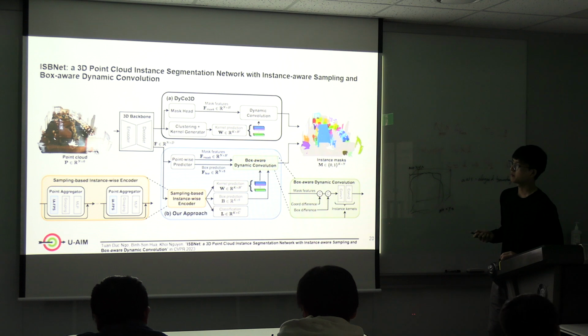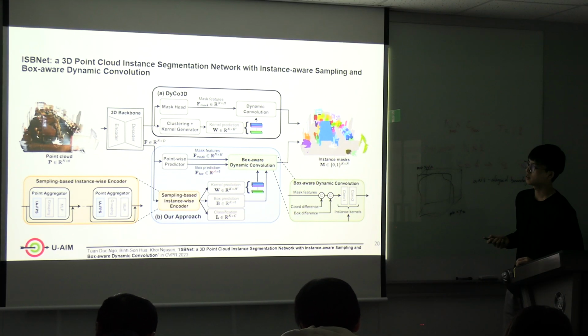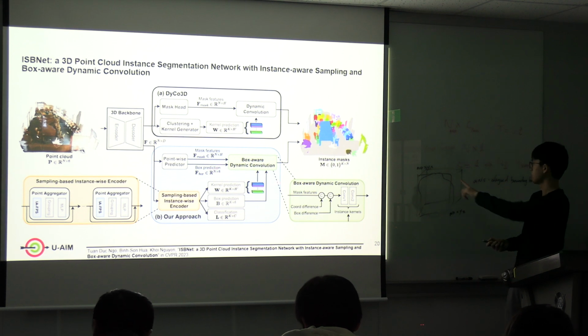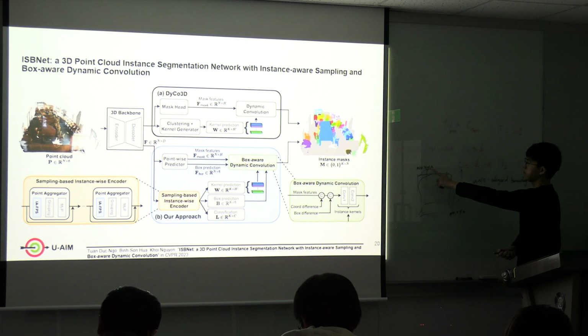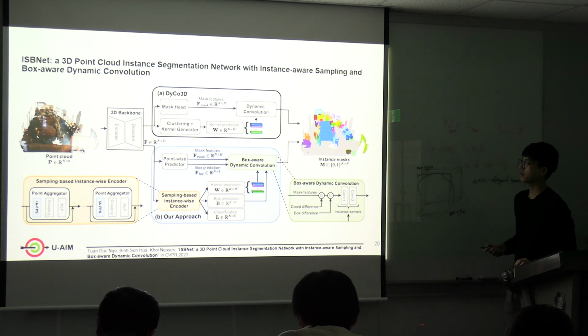They will use that bounding box prediction here, where N stands for the number of points and 6 stands for the max x, y, z and min x, y, z. So they will enhance the dynamic convolution. I will tell you how they use the box prediction later.